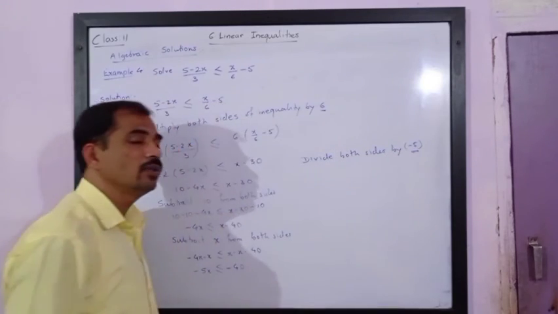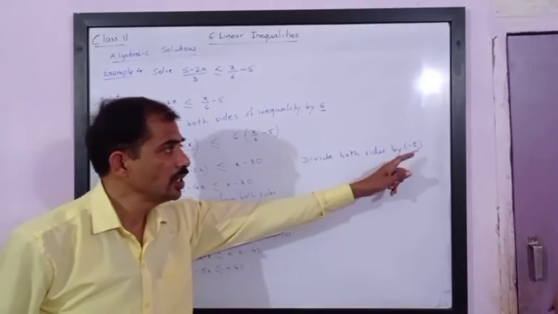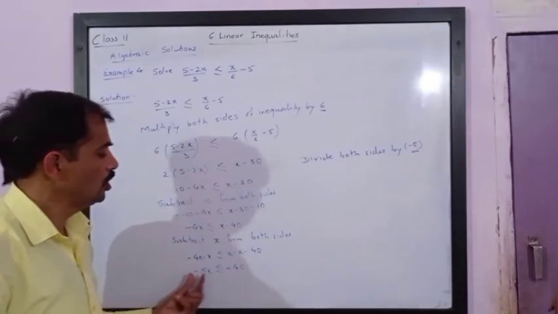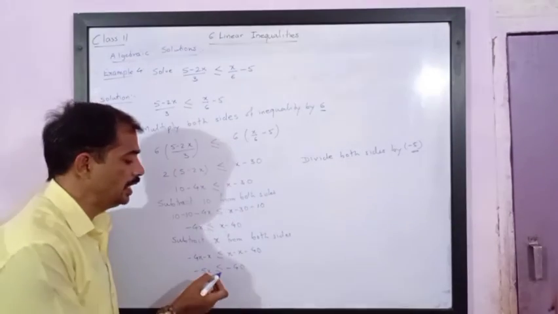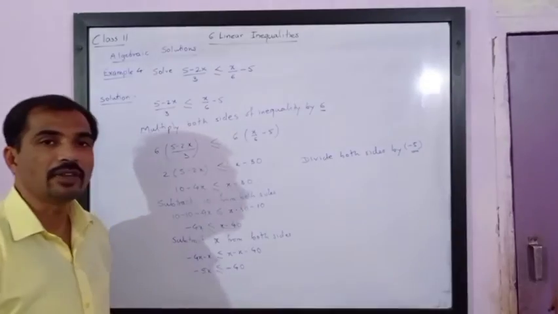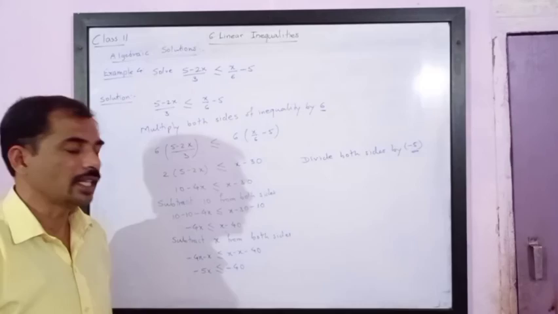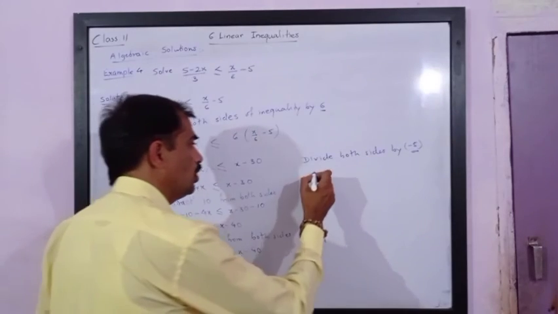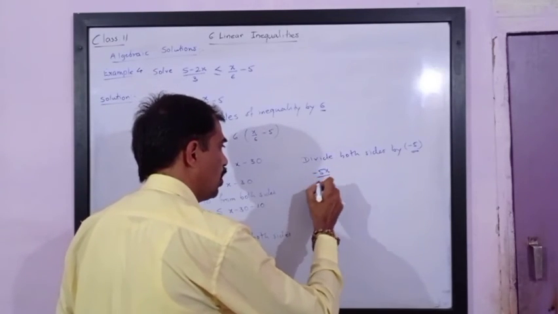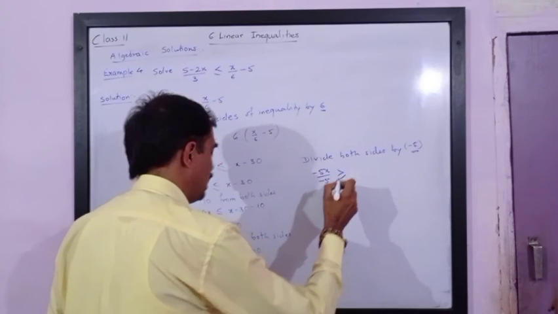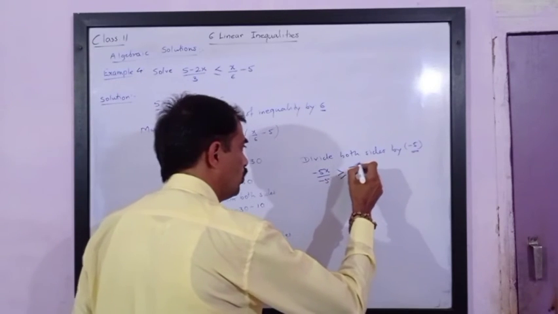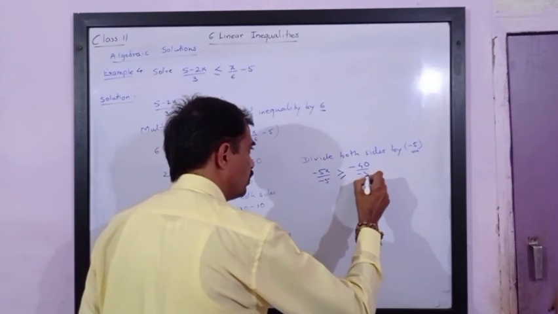Since it is a negative integer, if we are dividing both sides by a negative integer, the inequality sign gets reversed. Here it is less than or equal to, so it will become greater than or equal to. We will get negative 5x upon negative 5 is greater than or equal to negative 40 upon negative 5.